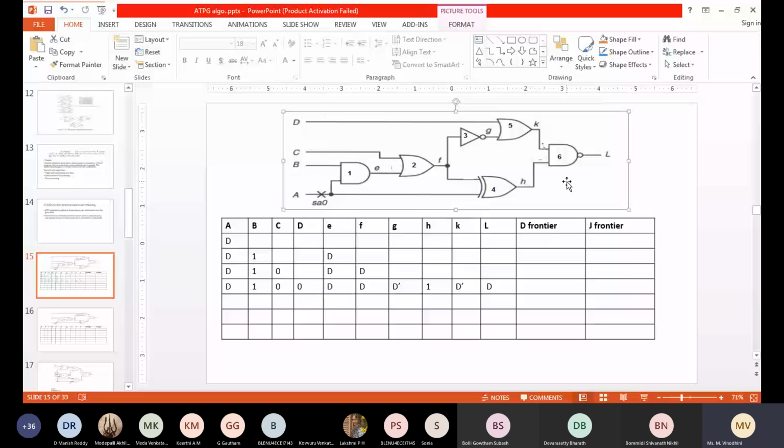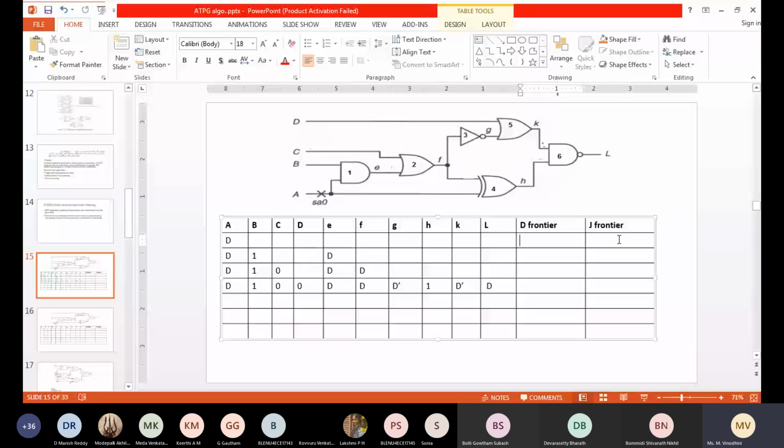Now I forgot to tell you about D frontier and J frontier. Remember, first I activated the fault. During propagation from A fault, I took it to E first. So gate number 1 will come in D frontier, because I know the input.